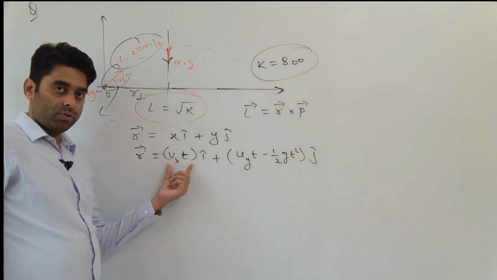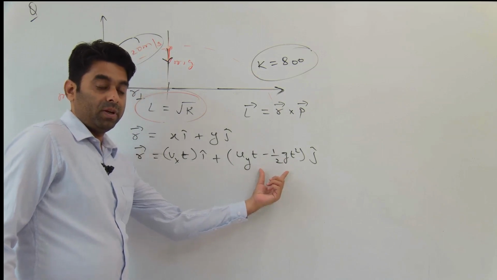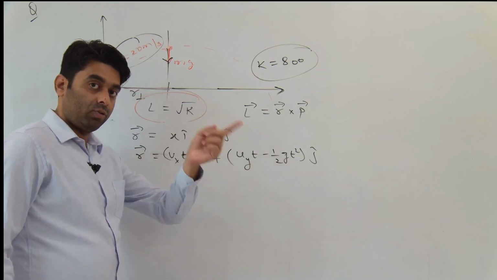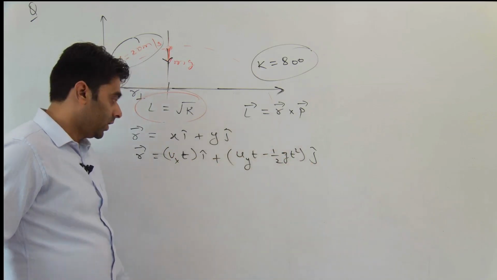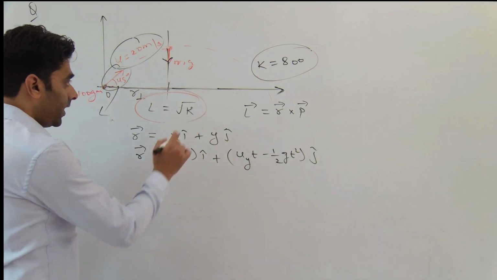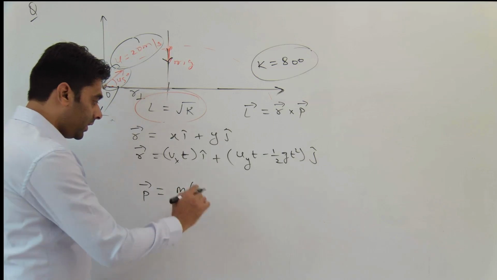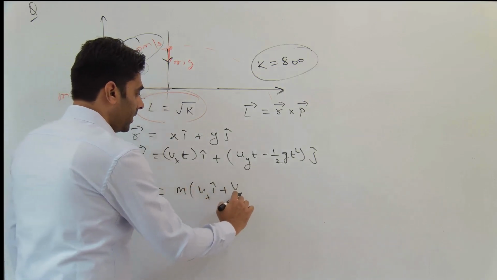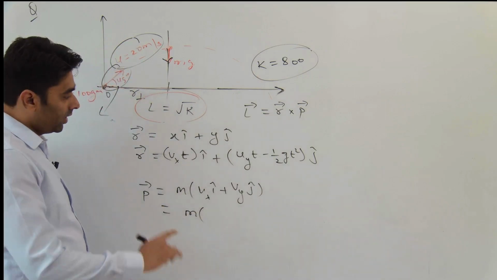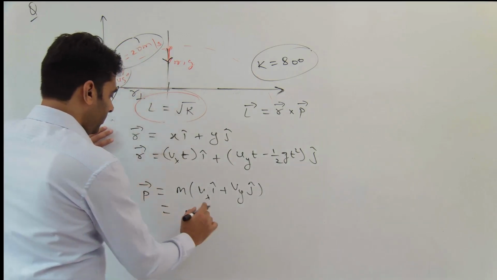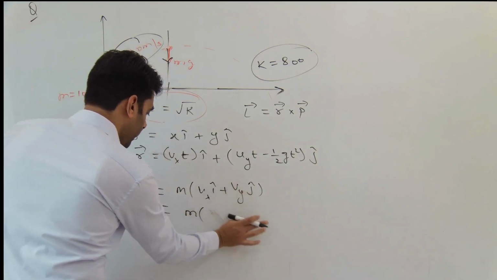Over here, distance equals speed into time, in horizontal uniform motion. The displacement in y direction, s equals ut plus half at square, but specifically in y direction, so uy t minus half g t square. This is your r vector, we got it. Next, the p vector will be mass into velocity: m into Vx i cap plus Vy j cap. The Vx value remains constant, that is u cos 45, always ux only.